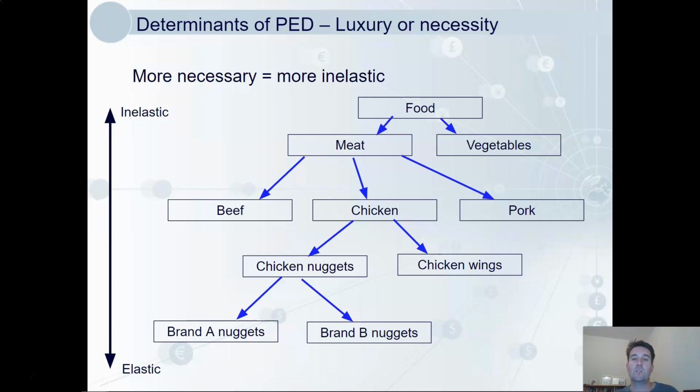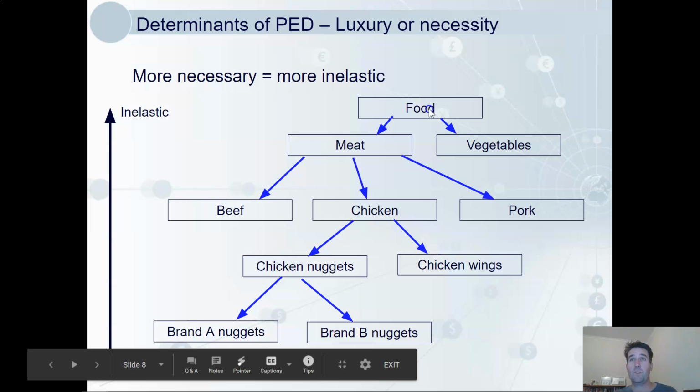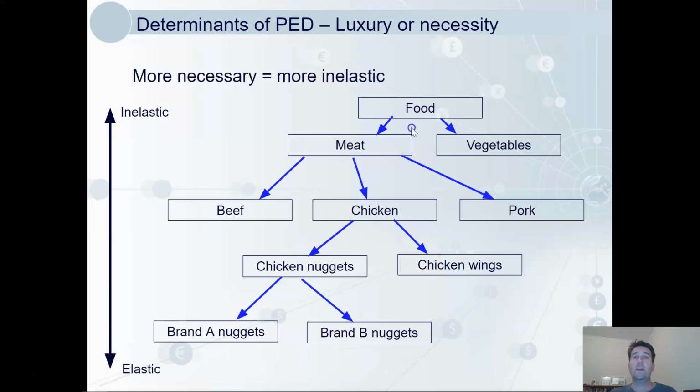Now, I find this chart useful to work us through this idea. Food is necessary for life, so you'll pay what it takes to get food. Many consider meat necessary, but there are substitutes for it. You can eat vegetables. So it's not quite as inelastic as food in general.